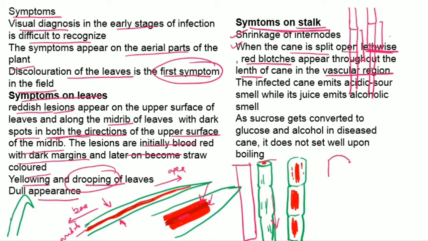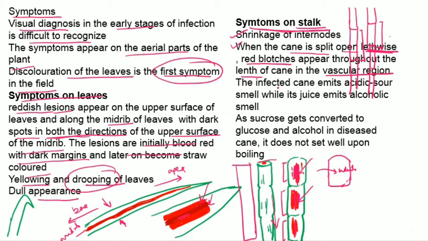A normal sugarcane would have looked something like this. The interior portion might have looked very whitish, but now because of the attack of the fungus Glomerella tucumanensis, the internal portions around the vascular bundle appear reddish in the internodal portions, and the blotches or the areas run lengthwise.